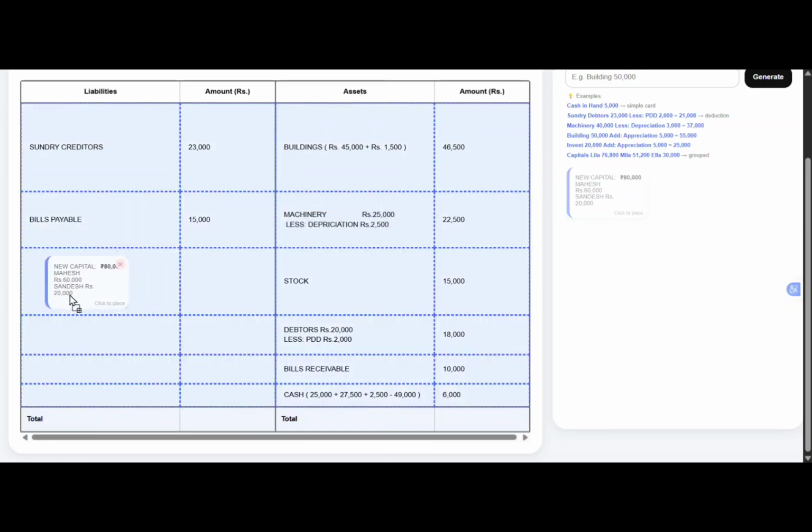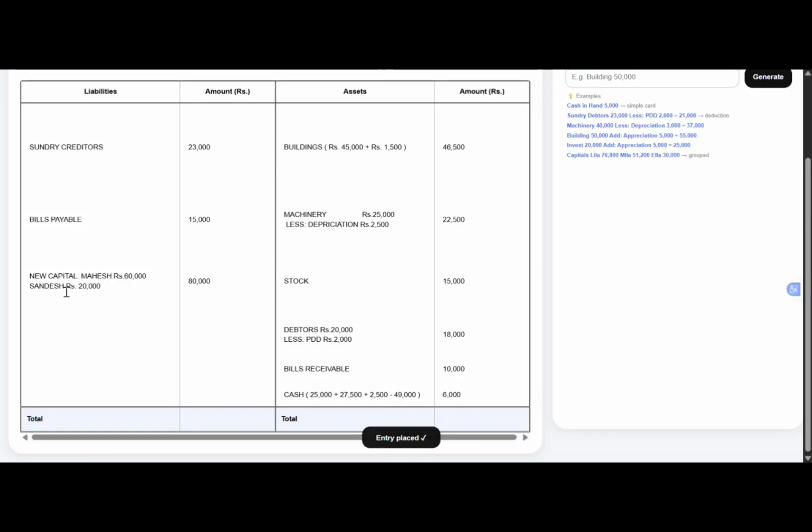So his account will not appear on the liability side, only the continuing partners' new capital as it is already given to us in the adjustment. So Mahesh's capital is 60,000 and Sandesh's capital is 20,000. The new capital given is 80,000 in the adjustment. So that has been divided for the continuing partners Mahesh and Sandesh.